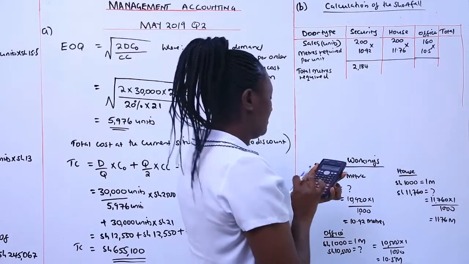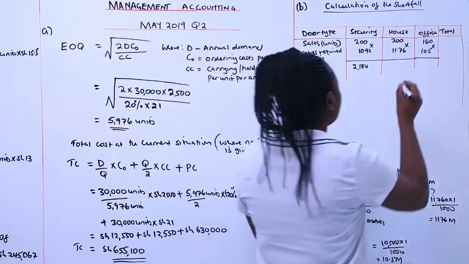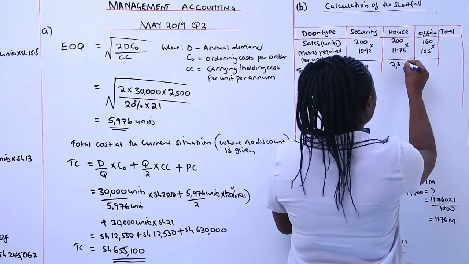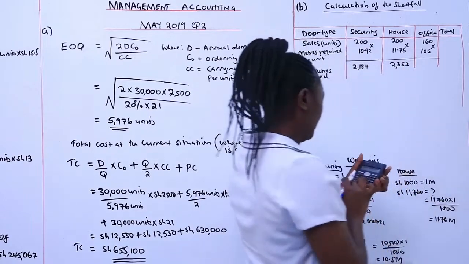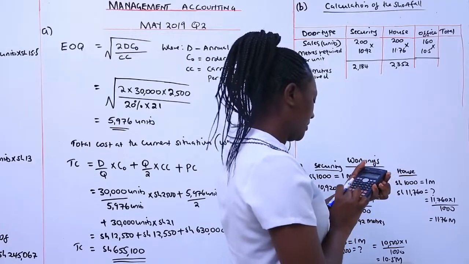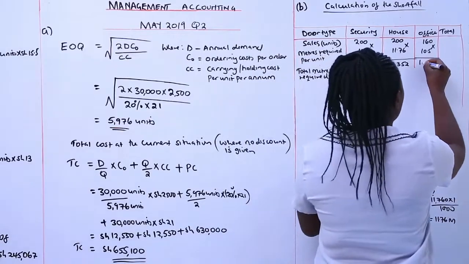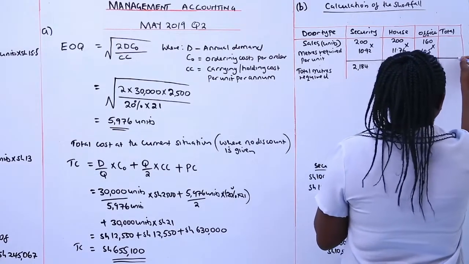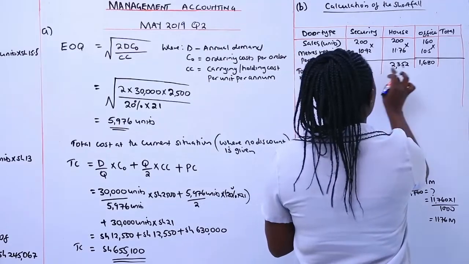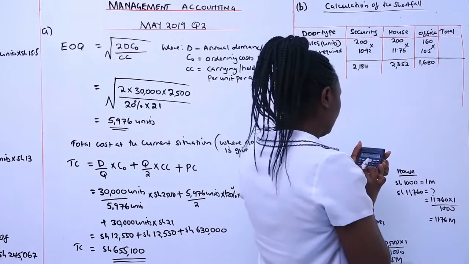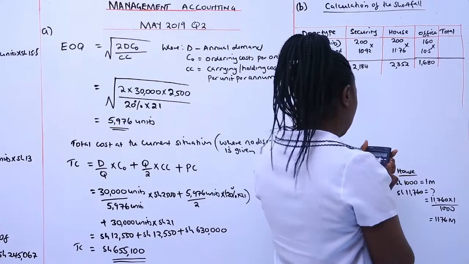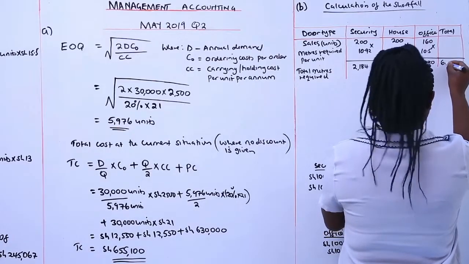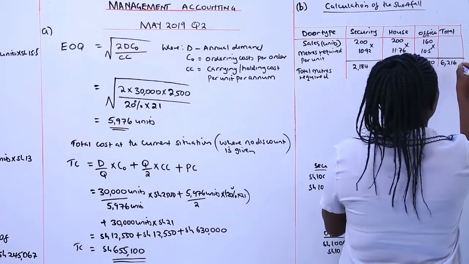Then 200 times 11.76 will be equal to 2,352. And then lastly we have 160 multiplied by 10.5, which is 1,680. So the total, we now take the total of this plus that, plus 2,184, which will give us 6,216.